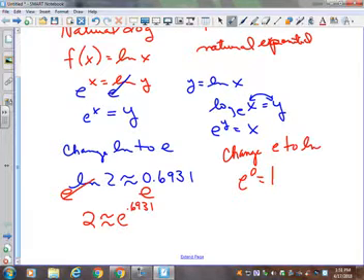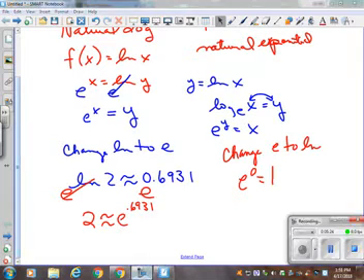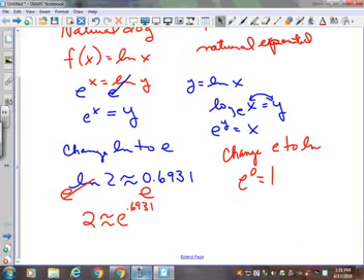Is my problem. Well, we know that we can put ln on both sides of anything, right? Even if it doesn't have an e in it, you can put ln on both sides. Would that be log base e of 1 equals 0? Almost. If I put ln on both sides, what happens to e and ln?